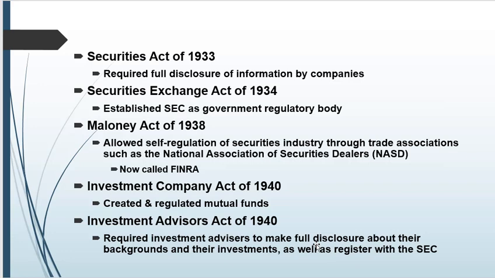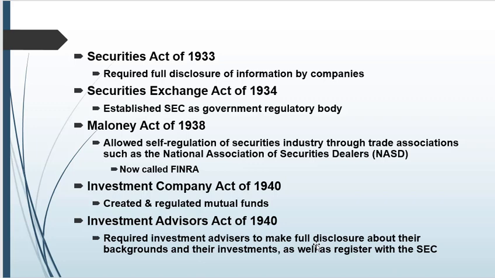The Securities Act of 1933 covers the primary market. It talks about the public offering of securities the very first time. The Securities Exchange Act of 1934 covers the secondary market. If you remember, we talked about the difference between the two.